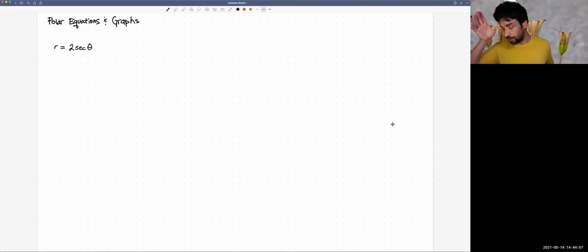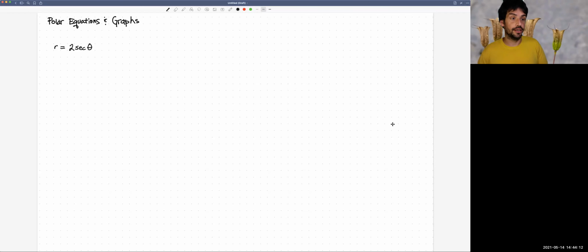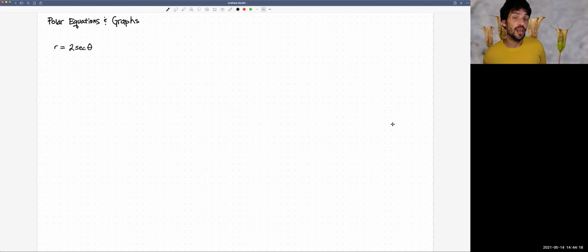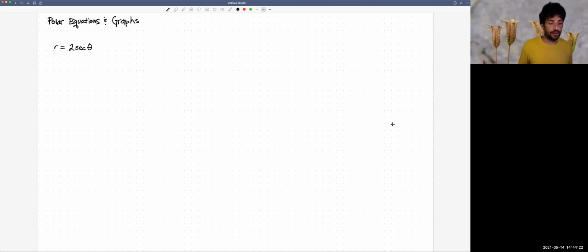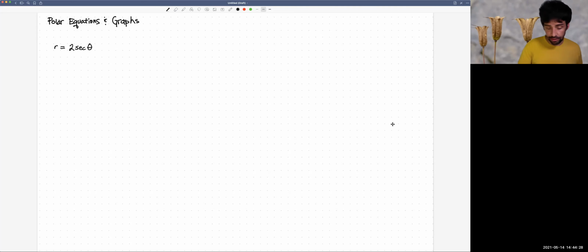So we've got a polar equation, and I want to graph this equation. And as I said, these are going to be the points that make this equation true. If you remember the first time you started investigating parabolas or lines, one way you can start is by plotting points, right? So let's do that here. We're going to create a little table for r and theta.